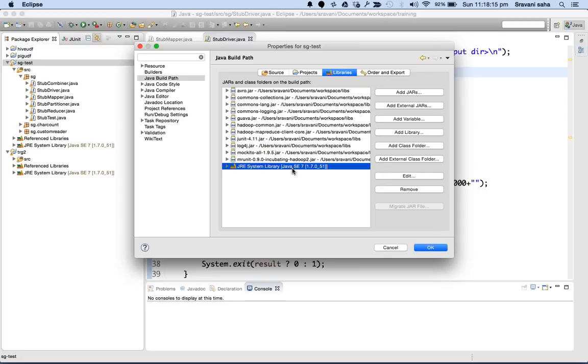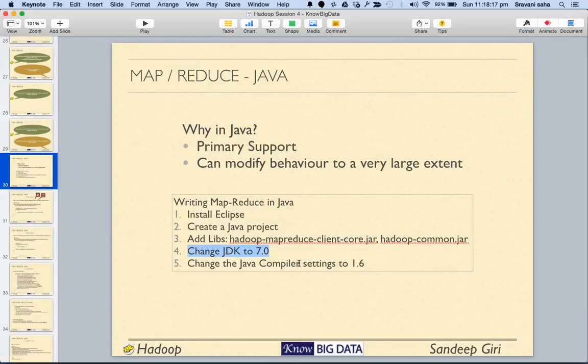Generally, when you are compiling your product, it should be compatible with the lowest possible JVM. Specifically, the Java output setting should be maybe 1.6 or lower. Reason being that if you are compiling your product to be compatible with 1.5 or 1.6, it should be able to run on almost every data center.